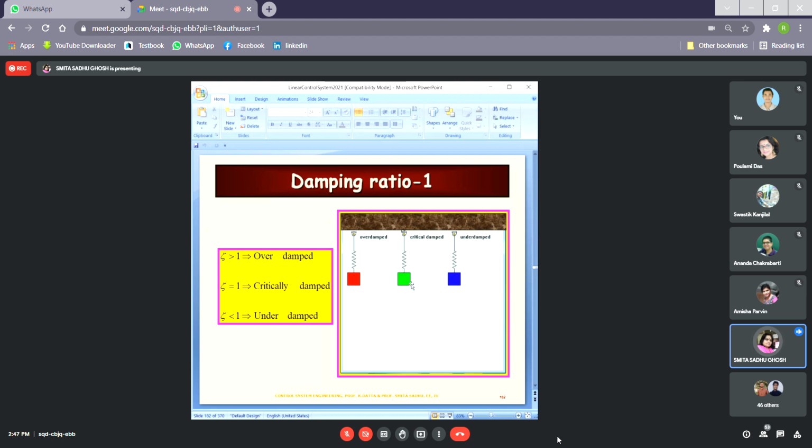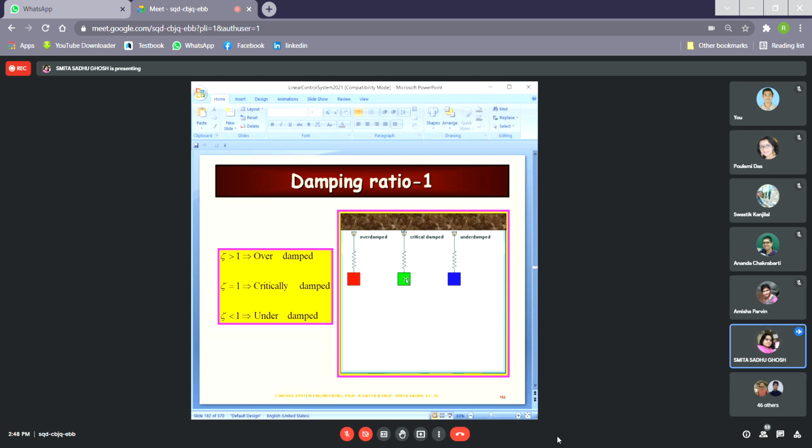In the critically damped case, if I apply the same force and pull it down, it is going to go back to its original position without any oscillation. But if you compare the overdamped and critically damped responses, the overdamped response is slower. It takes more time to go back to its original position.